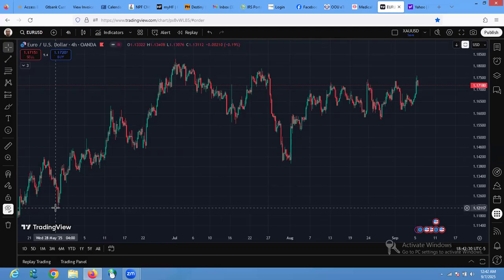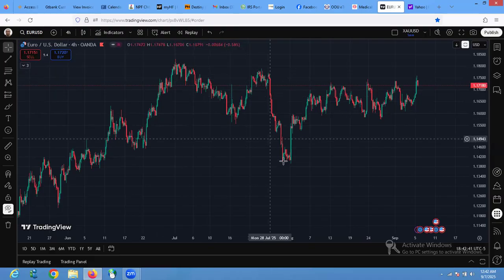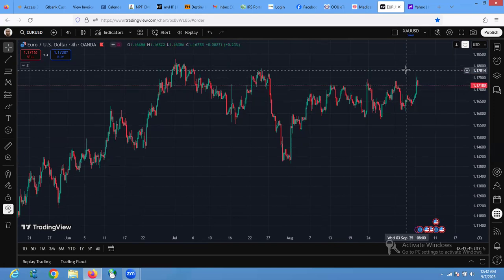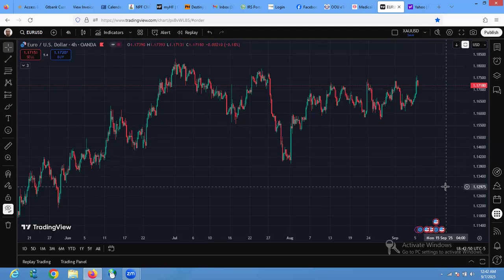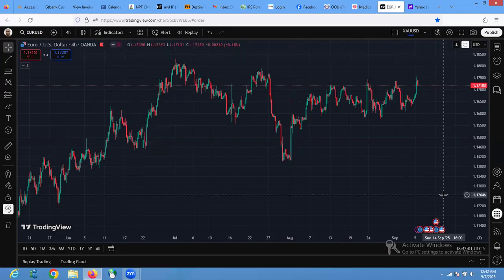You can see the area of 1.1200 is still a possible place where the price can give us a double correction, such that this WXY or ABC becomes a W, and this becomes an X without breaking this top here. It becomes an X and the price will come to the downside with an extension of 100 or 127 to the downside, taking this as a W, X, 100 extension.